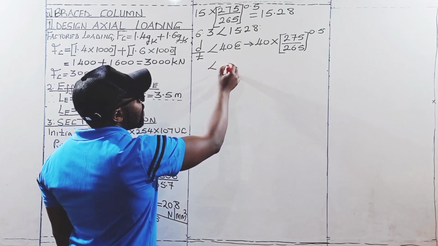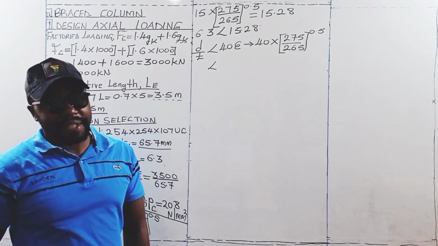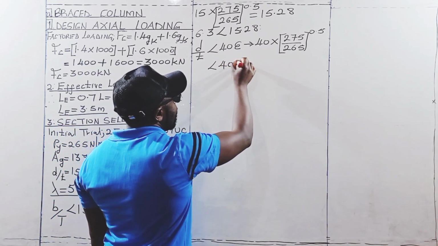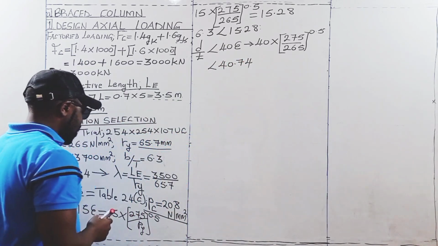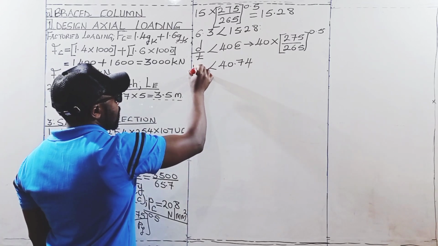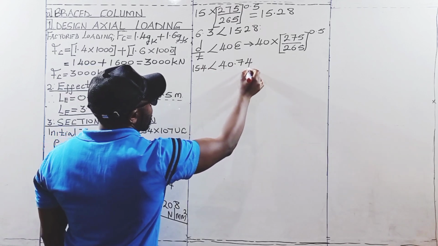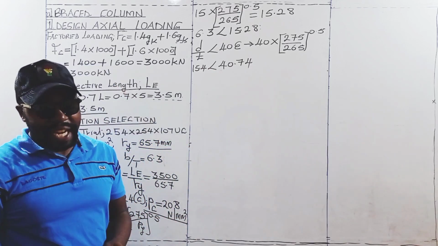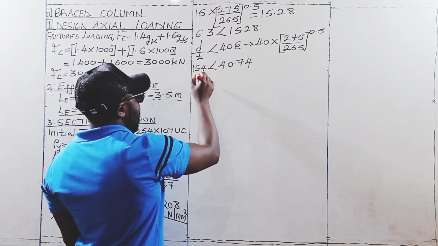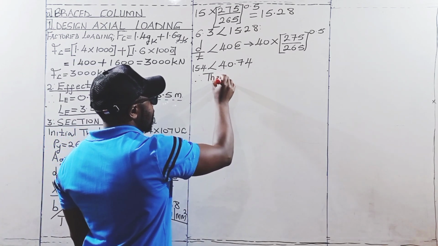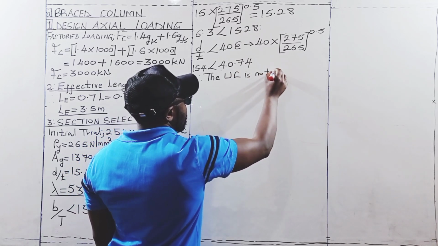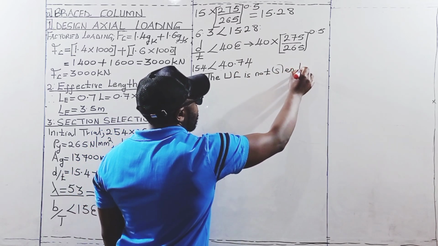And that is going to give us 40.74. And actually, D over T, which is 15.4, is less than 40.74. So this means that the UC column we have selected is not slender. Therefore, the UC, universal column, is not slender.